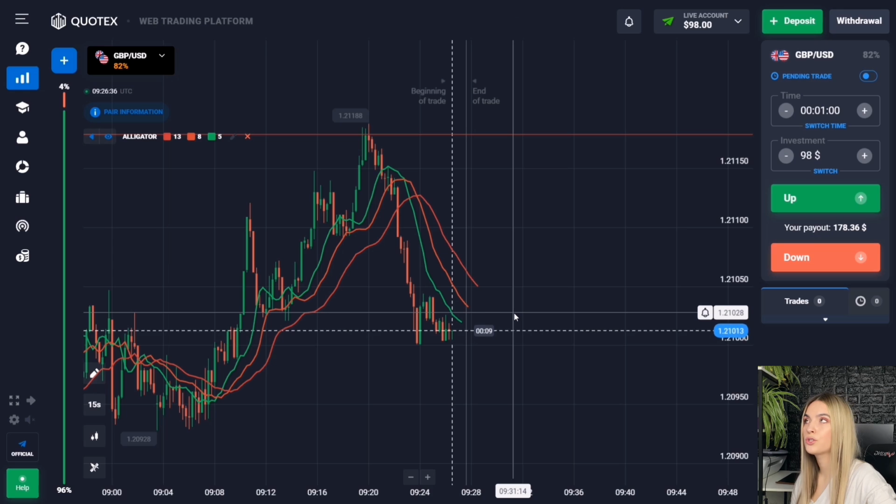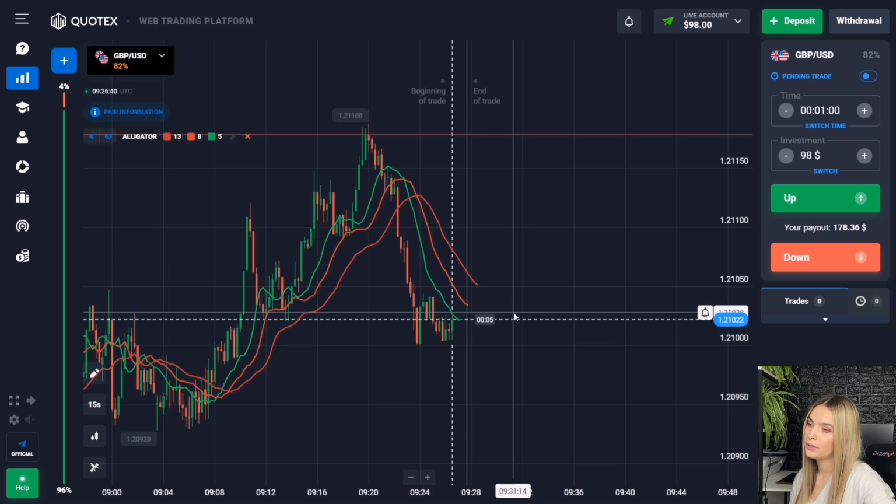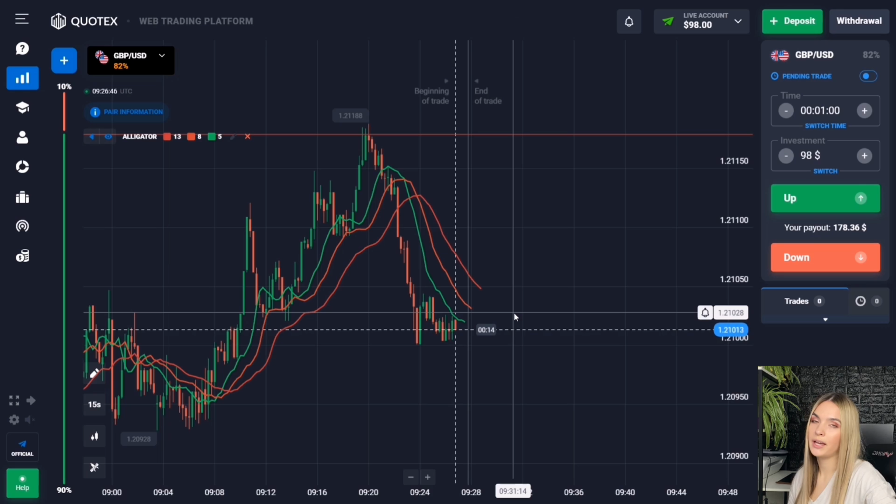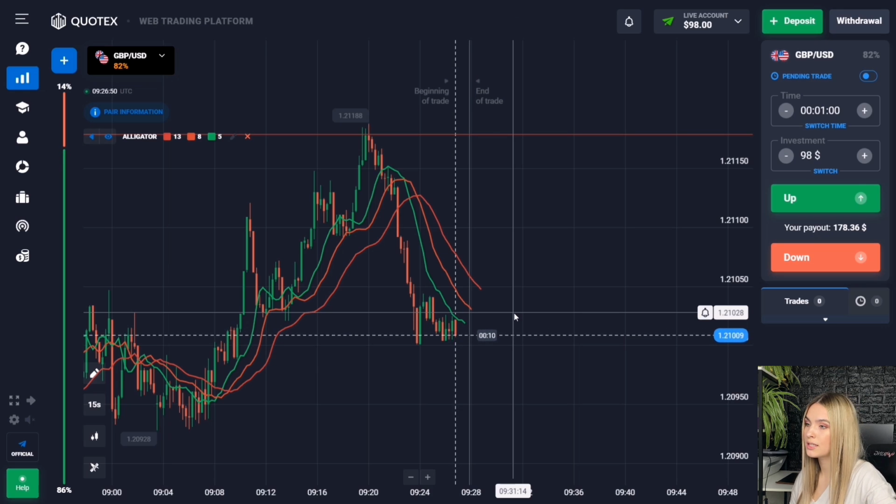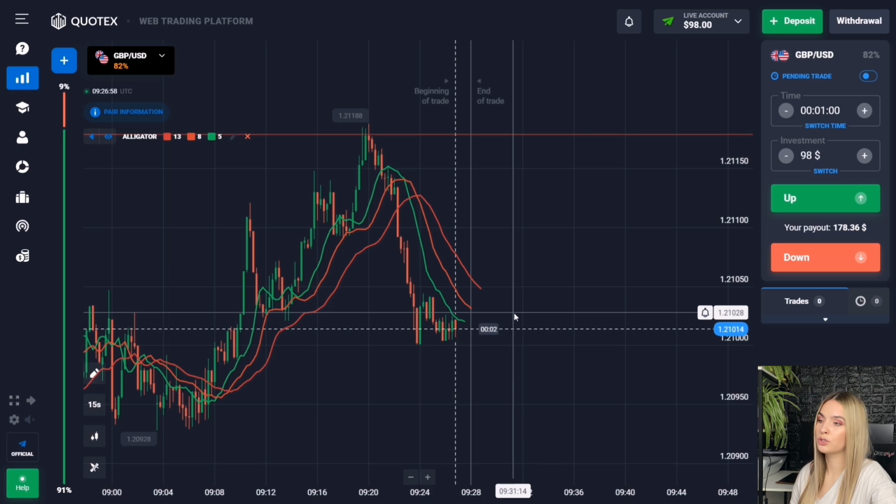Also in such a situation, we can work ahead of time. For example, if the intersection of the moving averages has not yet occurred, but we see that it might happen in the near future, there should also be a good trading situation, and after analyzing it, we understand that in the near future there will be a movement in one direction or another.